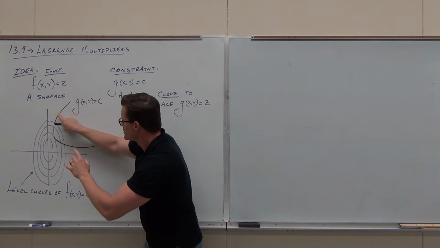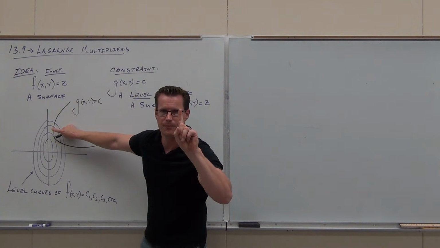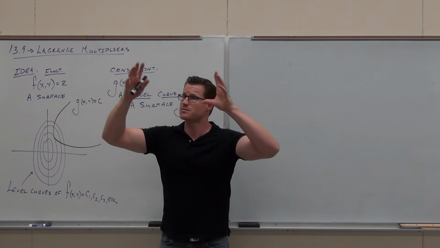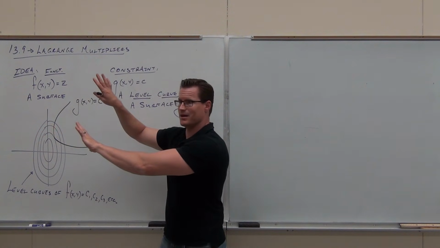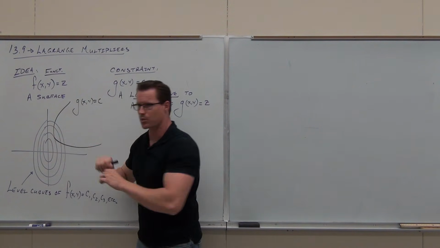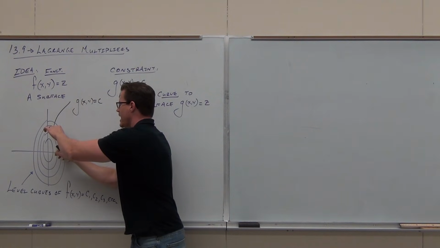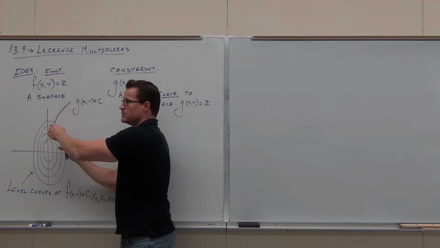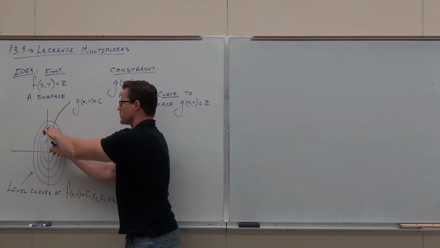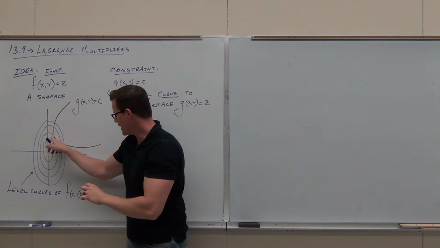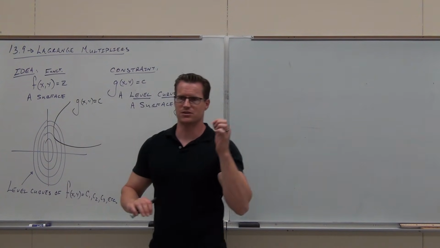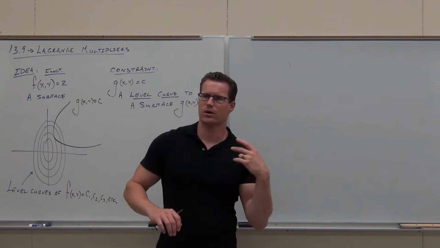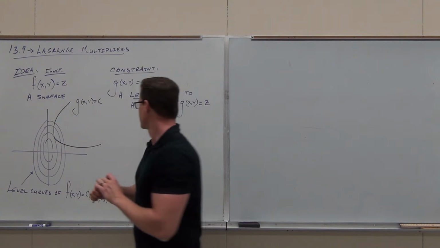Where it bounces off one of them, we will either get a maximum or a minimum. Because either it's dropping away or it's climbing up. Do you see it? This is what we're looking for. Everything else is going to be higher or lower than that point. So this right here gives us where these things intersect, constrained maxima or constrained minima.